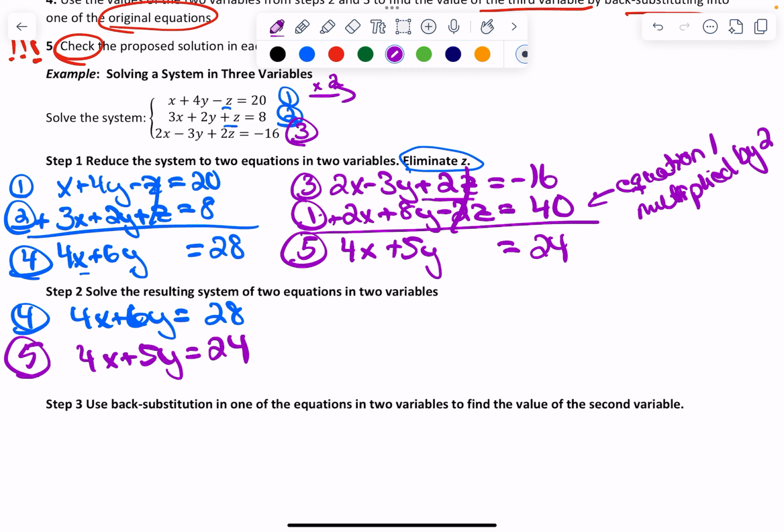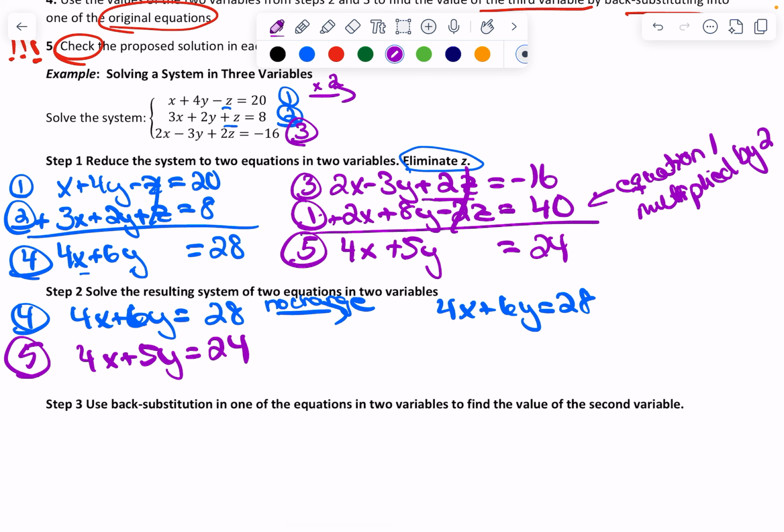Now, looking at these two equations here, we're going to keep this the same. So no change for equation 4, 4x plus 6y equals 28. We are wanting to either use the addition or substitution.